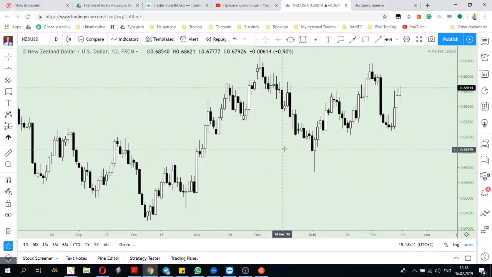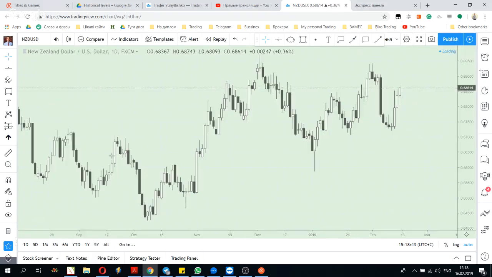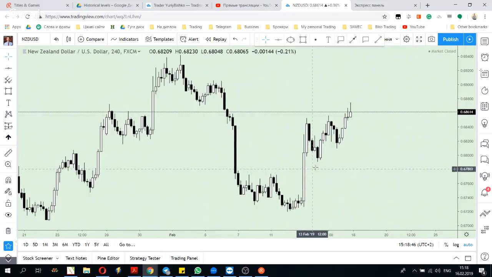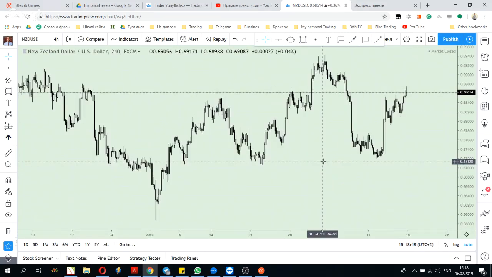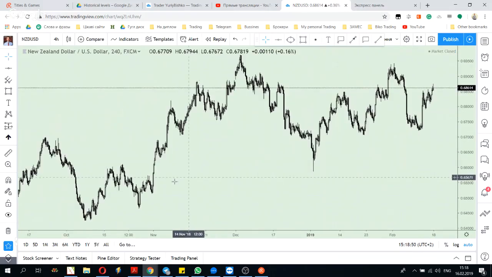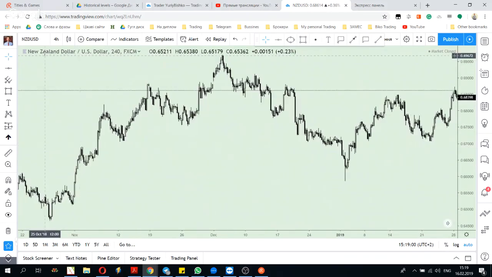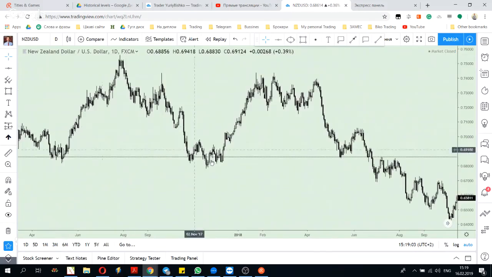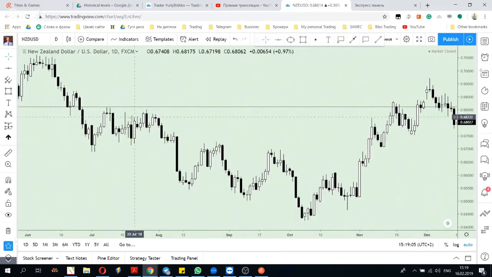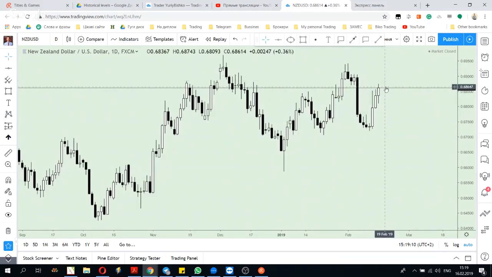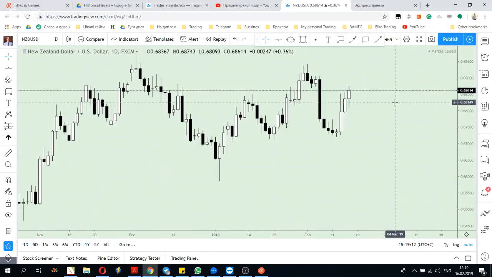That's why on New Zealand dollar, what would be a scenario? I think that price still can continue this up move as we see the midterm uptrend. But what we can do the best, as you see, New Zealand dollar very often do such waves move. That's why I recommend to open entries only on pullbacks up.